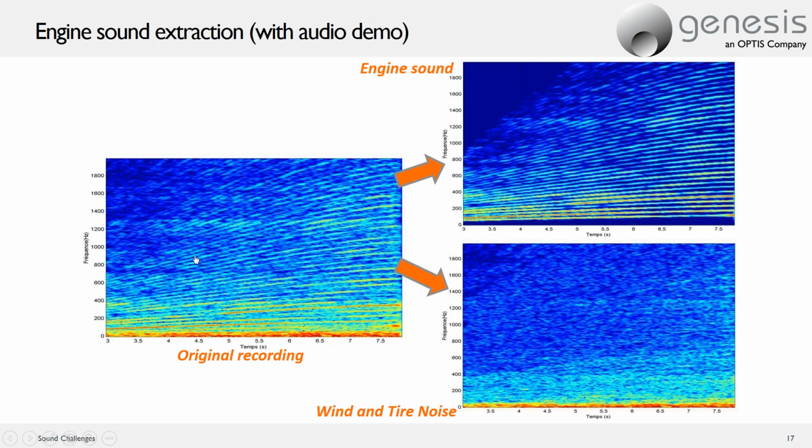This is an example of the engine run-up. I'll play the original, and then we're going to show how it can be broken down into just the engine sound and separate that from the wind sound, as well as the tire. That's the run-up of the vehicle, and you can hear the engine noise and the wind noise. So now we can actually select just these specific orders that we want and listen to them isolated.